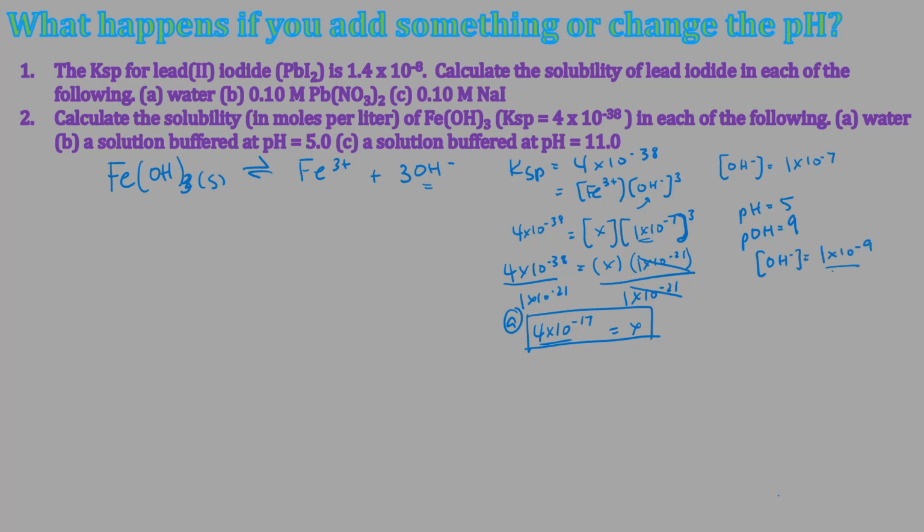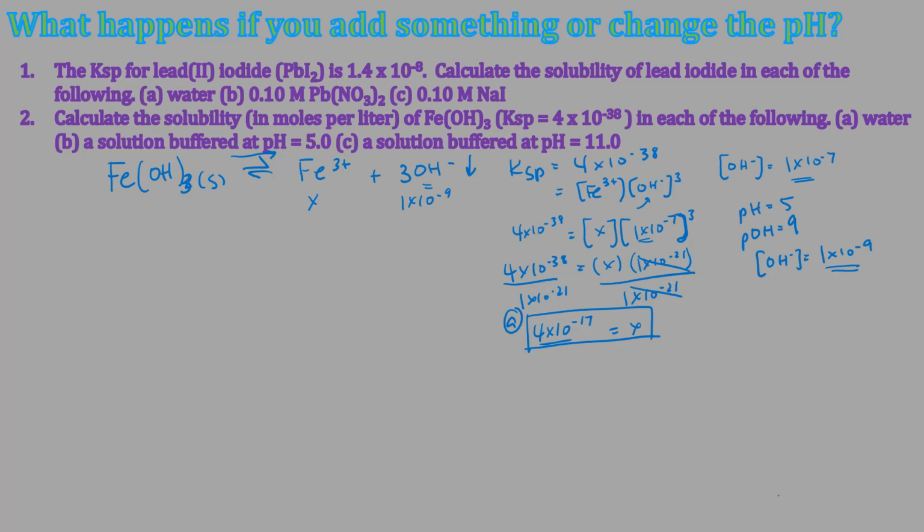Now, because this is less than water, 1 times 10 to the negative 7th, then we're actually reducing this. And so this should increase the solubility. So if you're producing a hydroxide and you make the solution acidic, it will eat up the hydroxide, forcing the salt to dissolve more. So if this is going to be x, and then this will be 1 times 10 to the negative 9th, we're going to do the same process we just did.